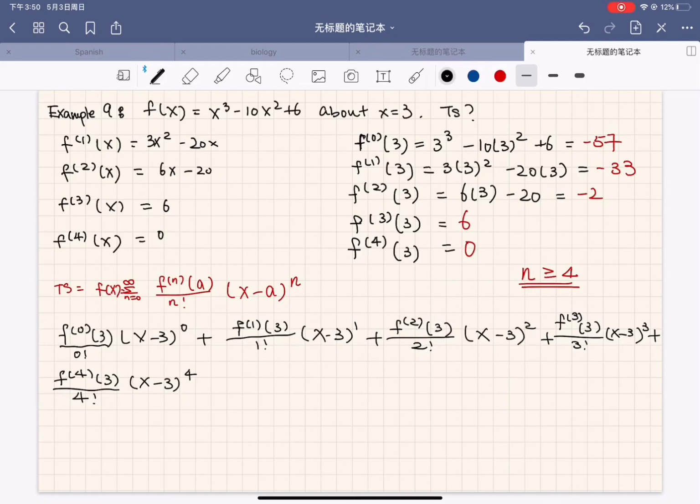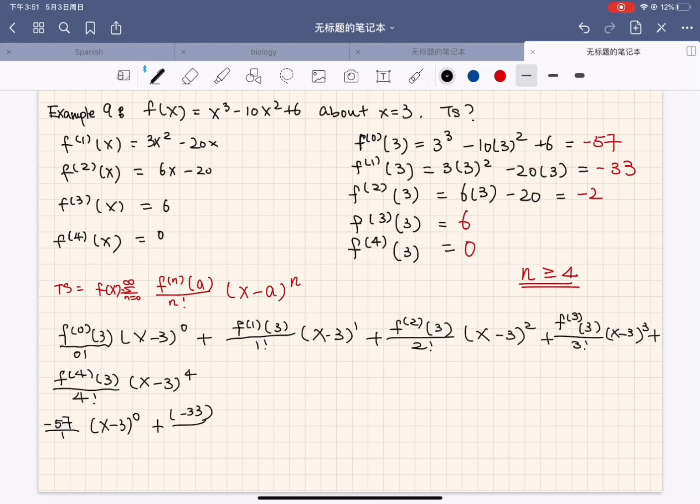So now we can simplify the series. The answer we get from each term is listed previously. So we start with negative 57 over 1, which is the simplified factorial.